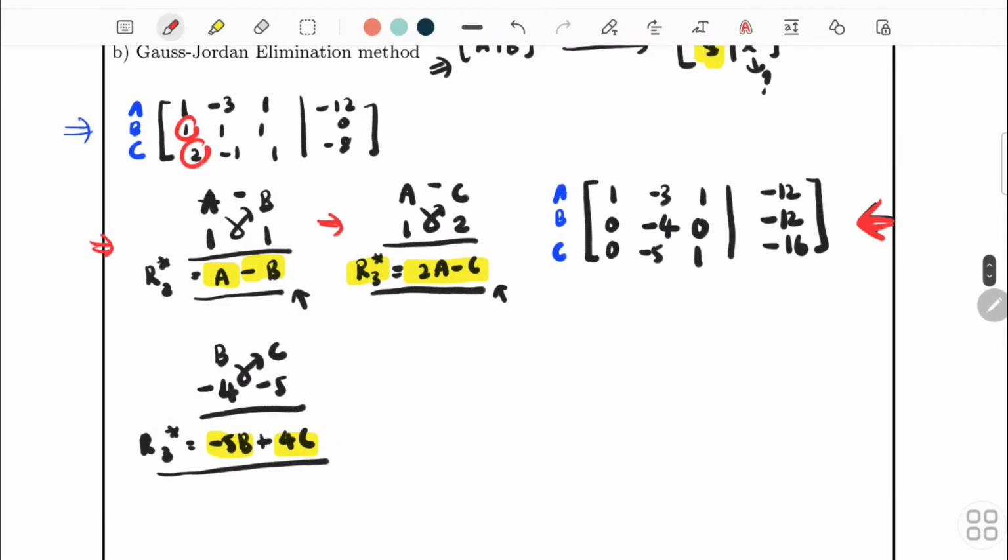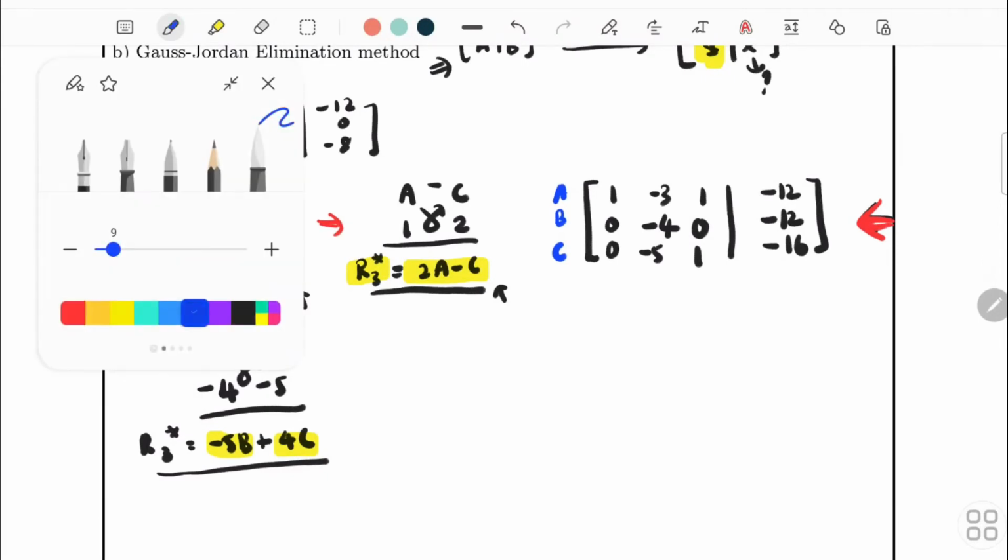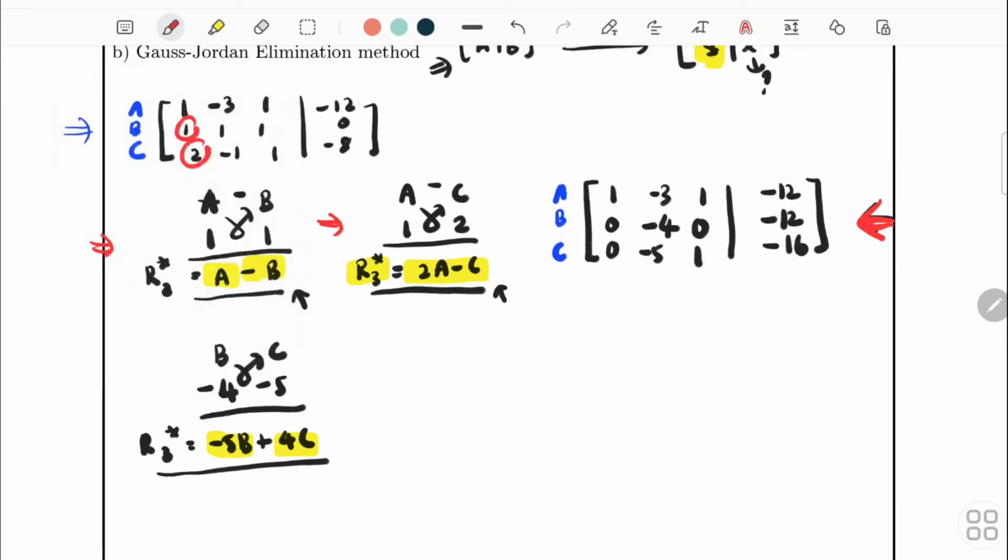Okay, so this part is going to be a bit different from the Gaussian. When we're focusing on the second column, the rows that need to be changed are the first and the third row.